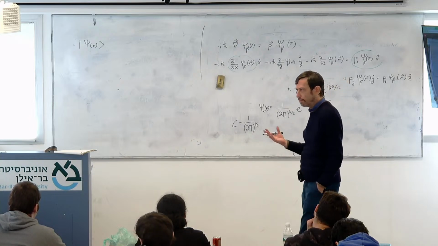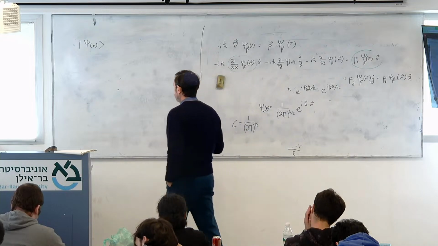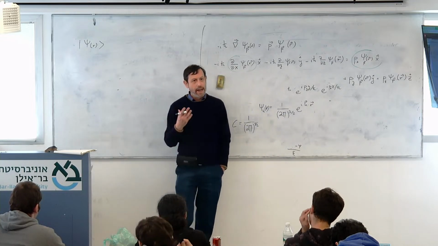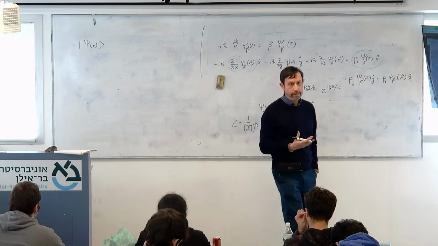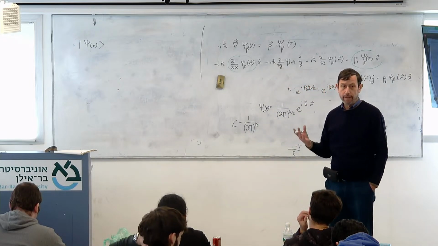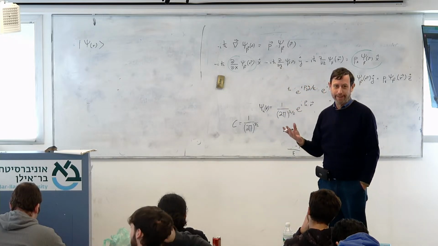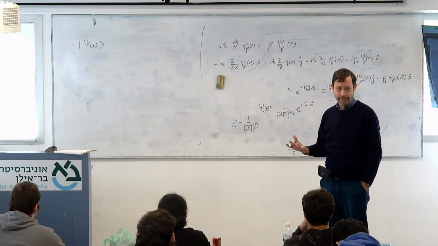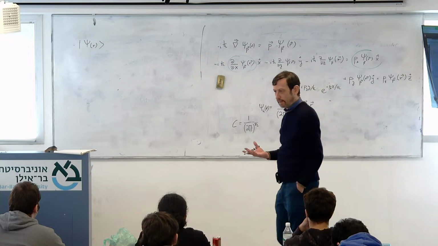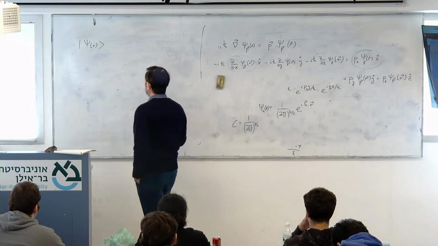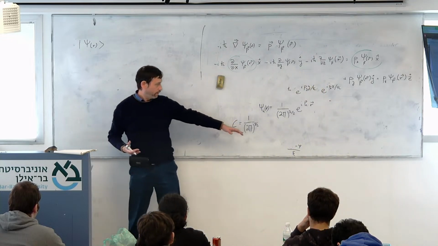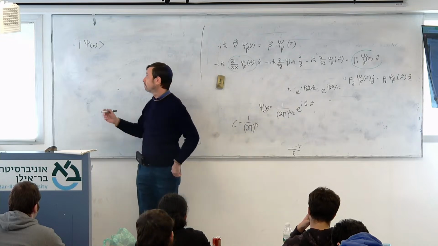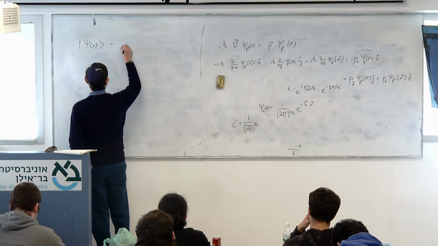Because it's convenient, because I was requested, whatever the reason. As with any other basis, any wave function, including psi of r, can be described as a superposition of the basis vectors which we have written here.